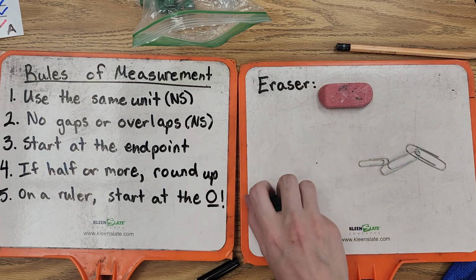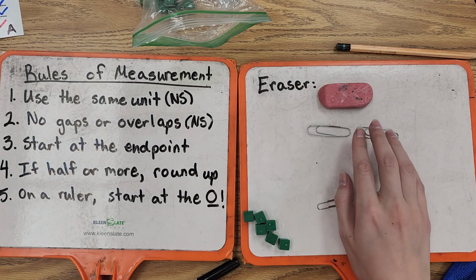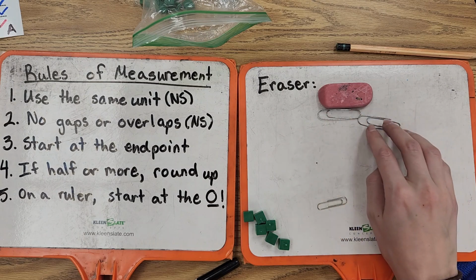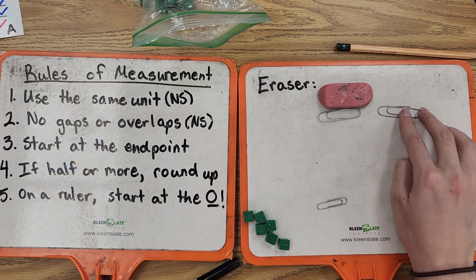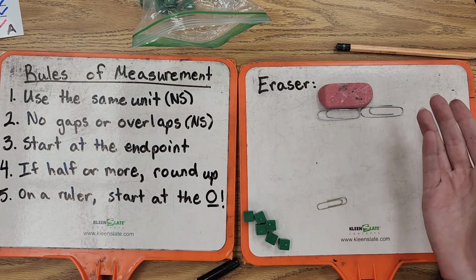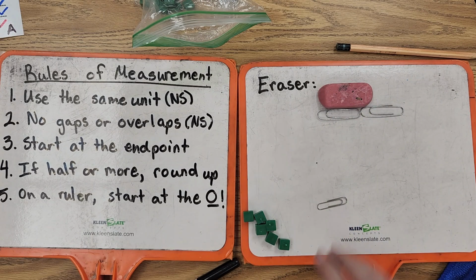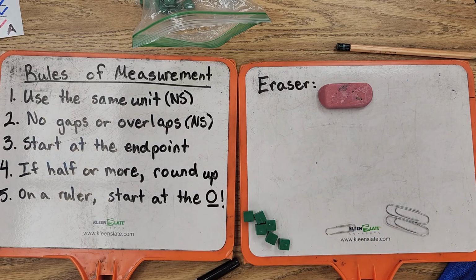With our paper clips, it's a little bit different. Sometimes our flat non-standard measures, if they overlap, that's not a good measurement, but we also have to make sure there are no gaps either, otherwise our measurement will not be accurate. So that's one of the things that we have to keep in mind when we're measuring.